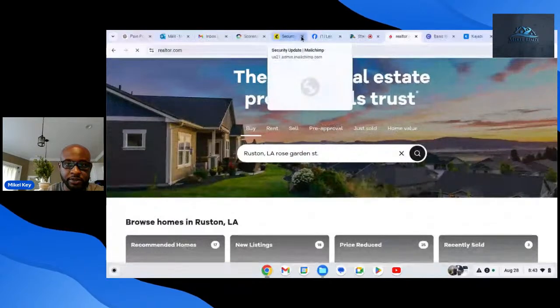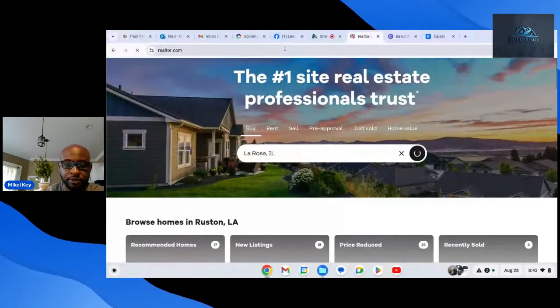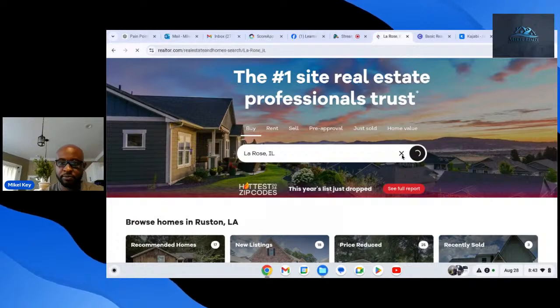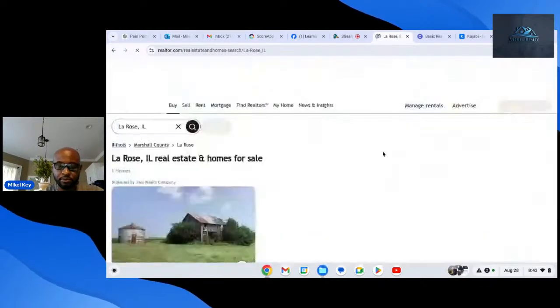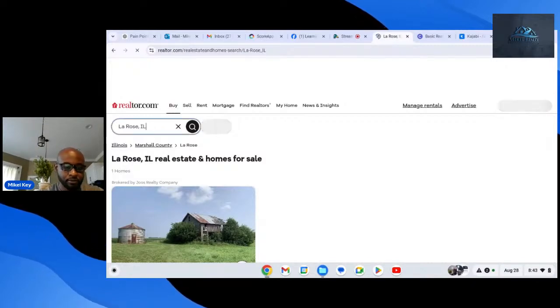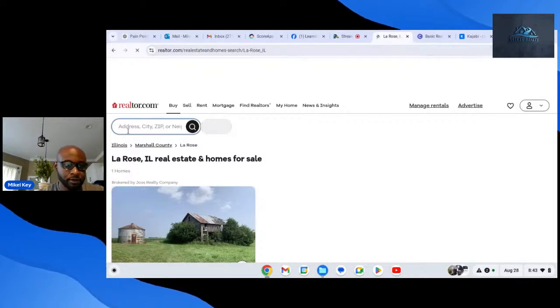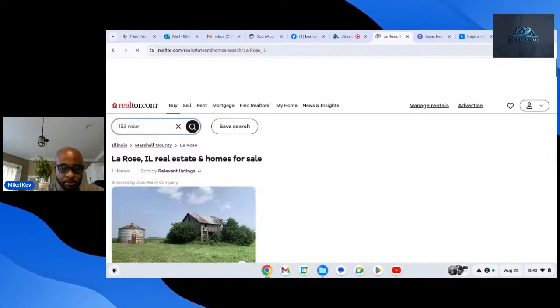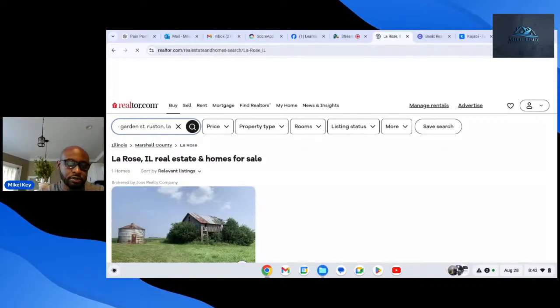We're going to make this extremely simple. Okay, that's not what we want. I'll pick an address: 53 Rose Garden Street, Ruston, Louisiana.